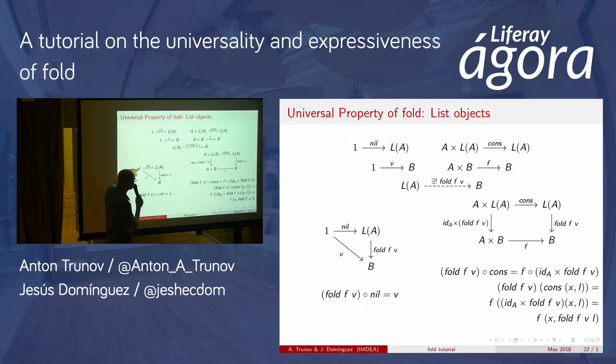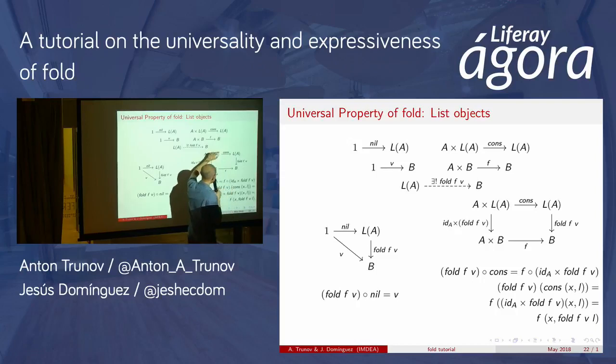So if you read this diagram, it means that if you go through nil followed by fold, it will be equal to B. So this is what this equation is saying. Remember that composition is always read from right to left.